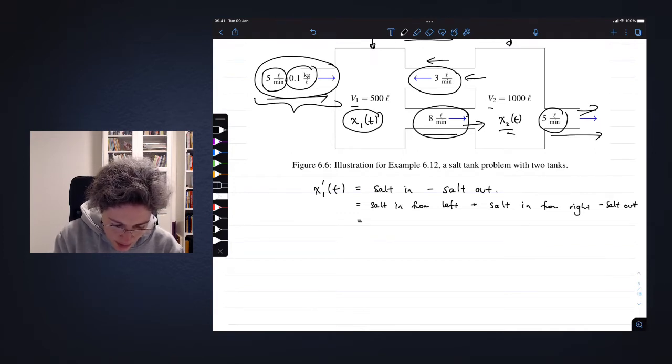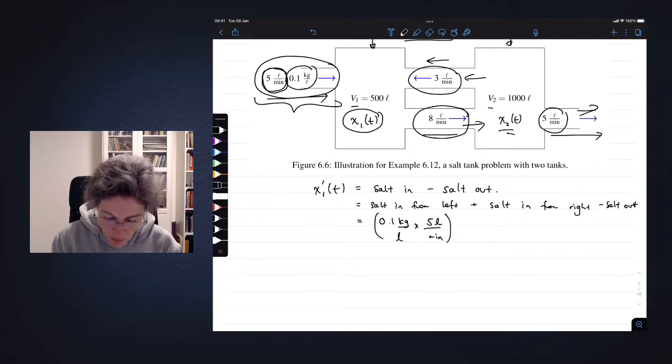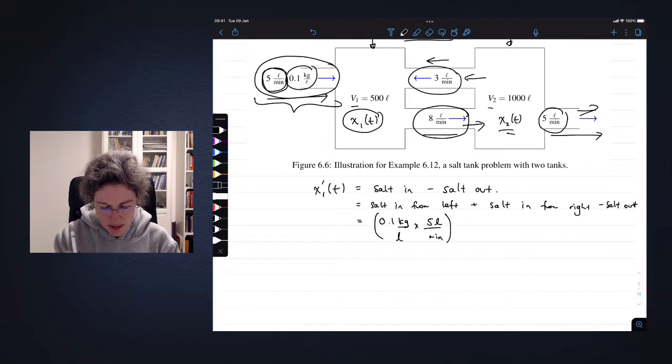Well, we've got 0.1 kilograms per liter, and that's entering at 5 liters per minute. So that's going to give us a grand total of 0.5 kilograms per minute coming in from the left.